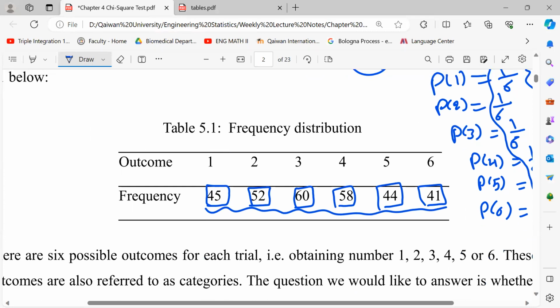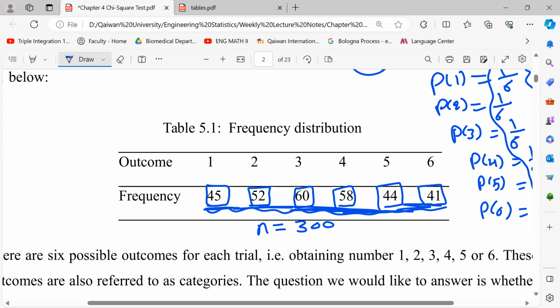Even if it is not given, the sum of all observed frequencies is the total number of experiments. It's n. The sum of these, 45, 52, 60, 58, 41, 41, must be 300, the same as the number of trials.